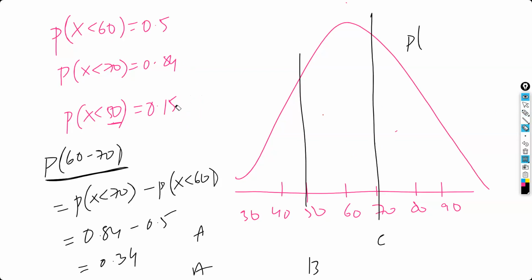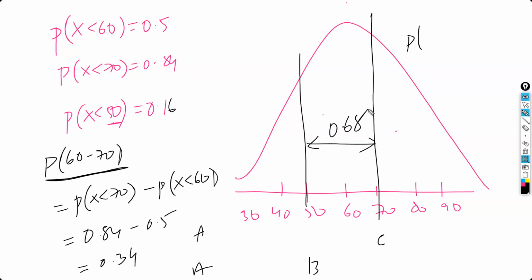Just let us make the round figure of 2 decimals. Z-score also let us make round figure of 2 decimals. Probability also let us make the round figure of 2 decimals. Now up to here 0.84, up to here it is 0.16. Now the difference between them is 0.68. Is that okay for everyone?